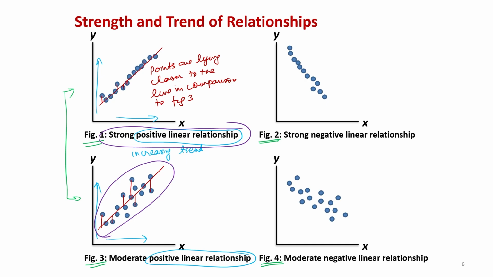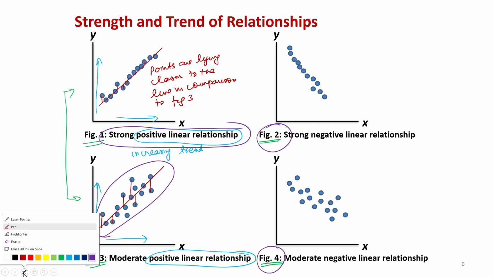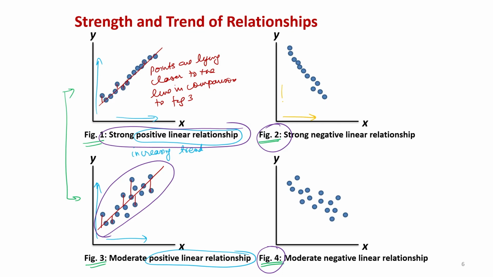And now, if you try to compare figure number 2 and figure number 4, you can see very clearly that as the values of x are increasing, the values of y are decreasing, in both cases.